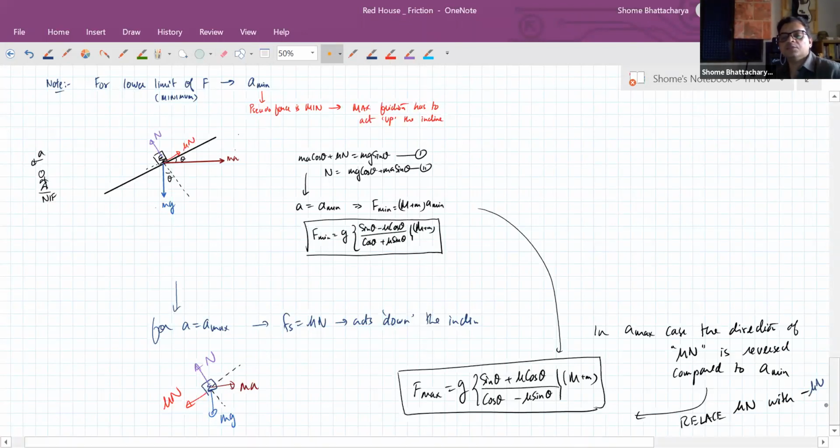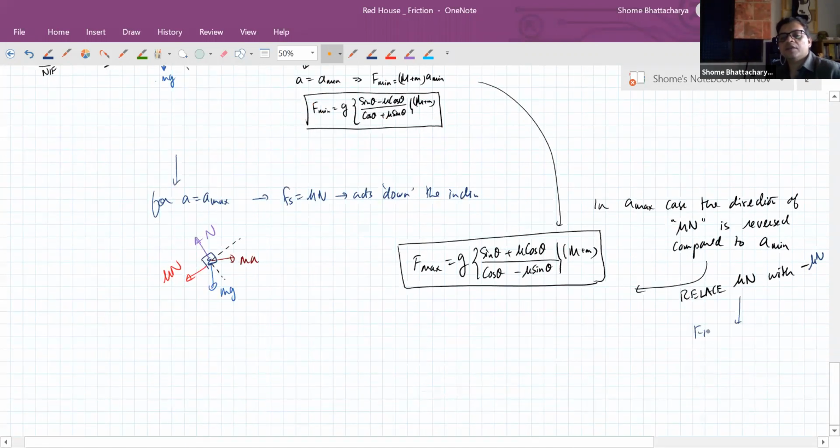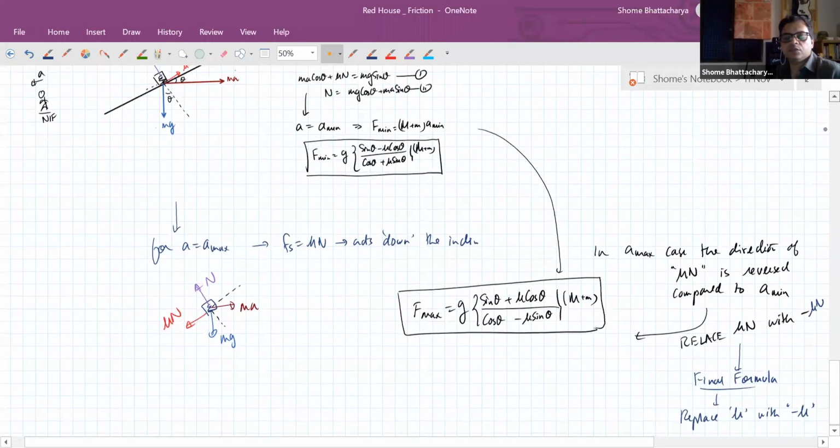Replace mu N with minus mu N. When you do that, whatever final equation or final formula you get, wherever the mu term was coming, you have to replace it with a minus sign. So for the final formula, replace mu with minus mu. That will just take care of this condition.